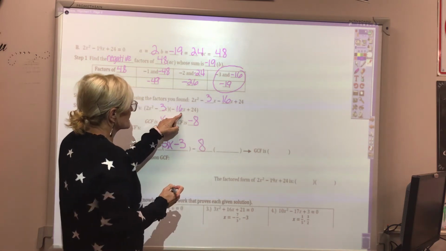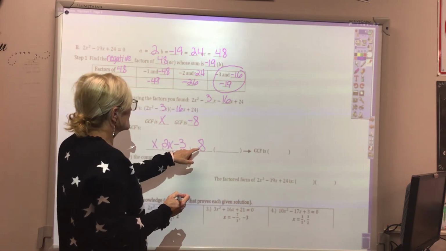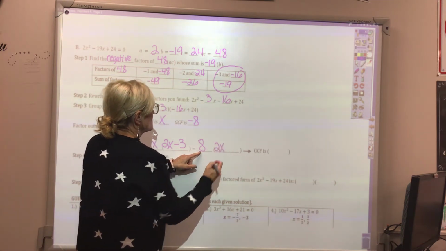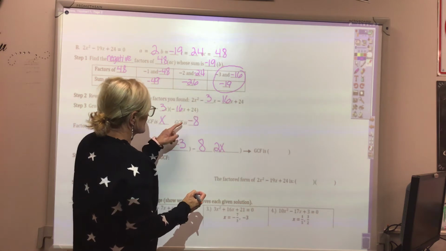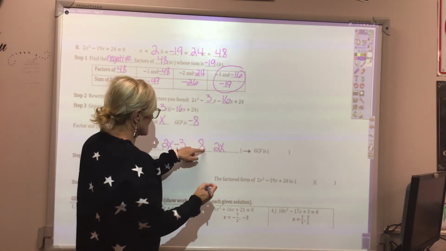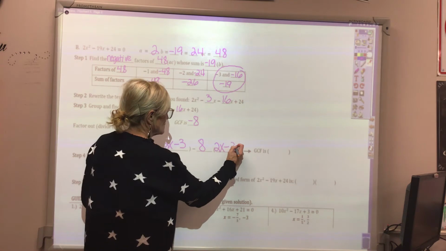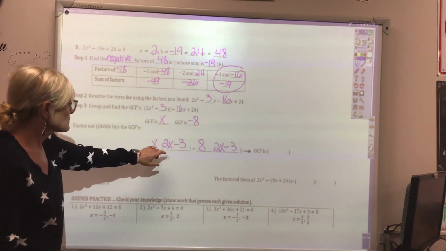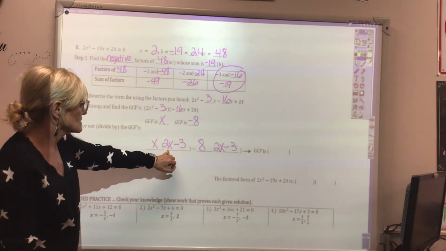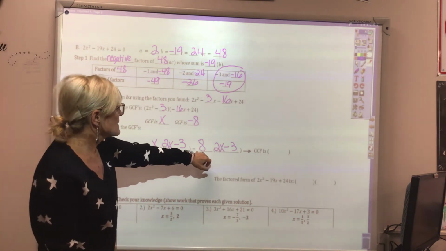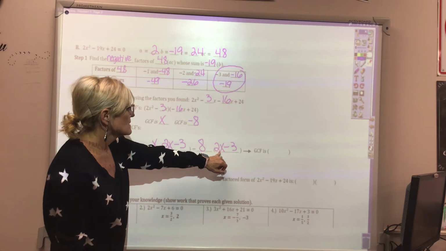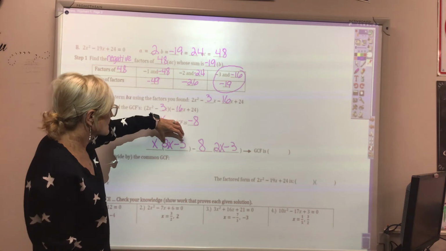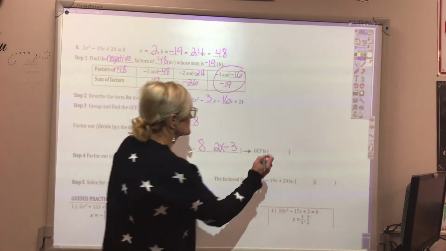Negative 16x divided by negative 8 is positive 2x, and 24 divided by negative 8 is negative 3. Now I want you to note that you're multiplying x by 2x minus 3 and negative 8 by 2x minus 3. So the greatest common factor here, or what we're multiplying by in common, is 2x minus 3.